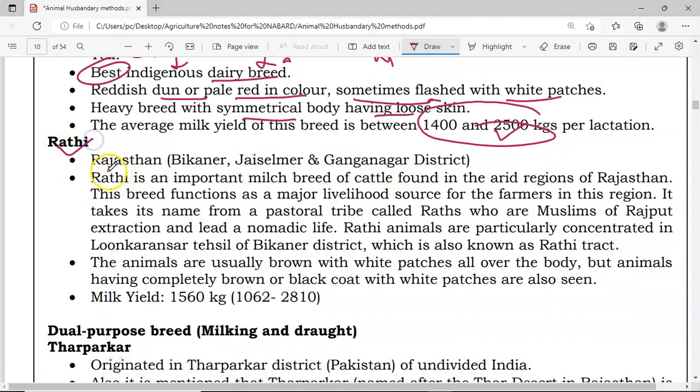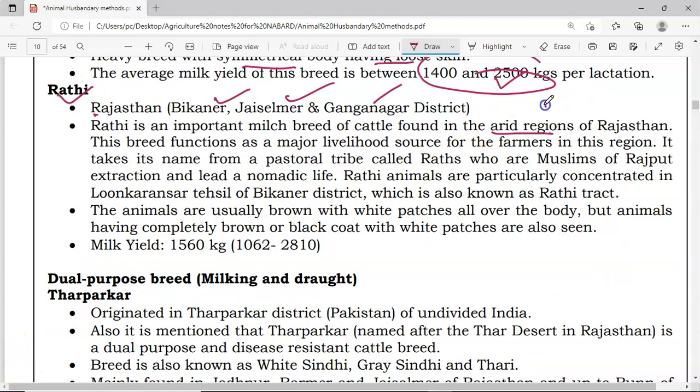Rathi is from Rajasthan, from the Bikaner, Jaisalmer and Ganganagar districts. This breed is taken from the arid region of Rajasthan and belongs to the Raths, a Muslim tribe of Rajput extraction who led a nomadic life. Generally, it is found in the Lunkaransar tehsil of Bikaner district, and it is also known as Rathi tract.